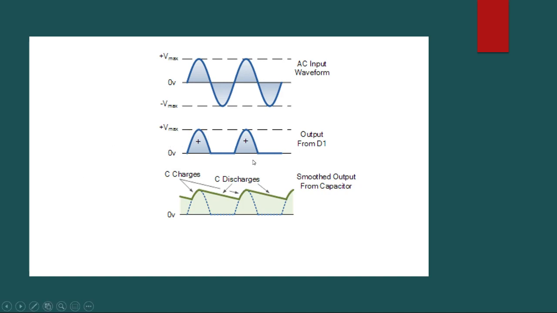So what do we have to do? We have to make it more DC. If my output is not DC and AC components are there, that means there is a requirement of filtering. What is a filter? At home we use filters. Filters are used to purify anything, right?